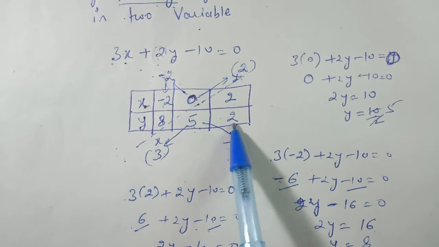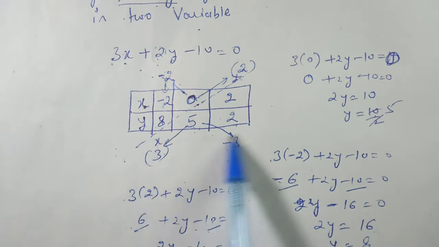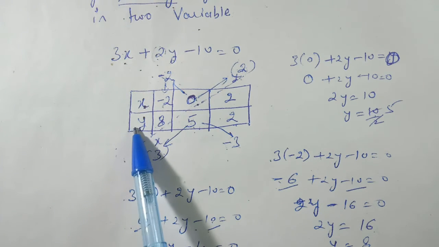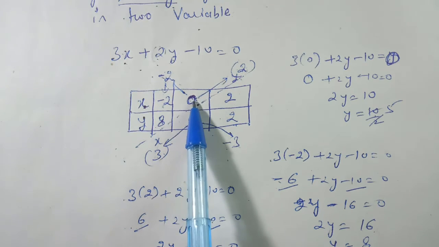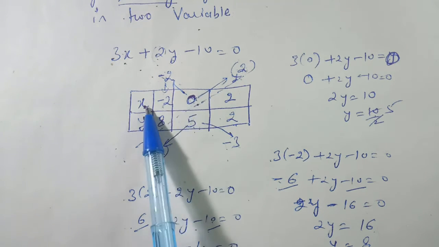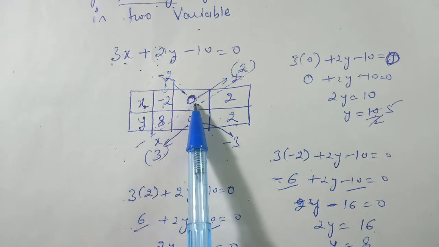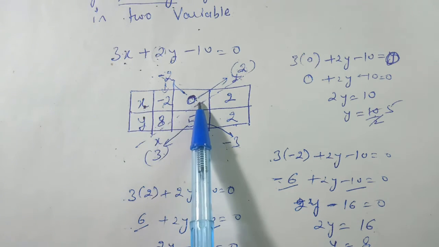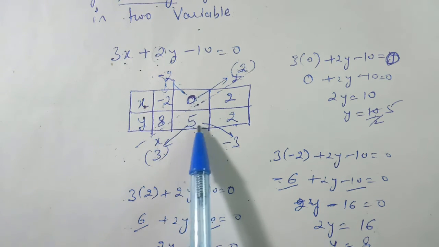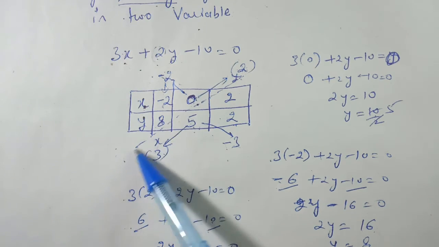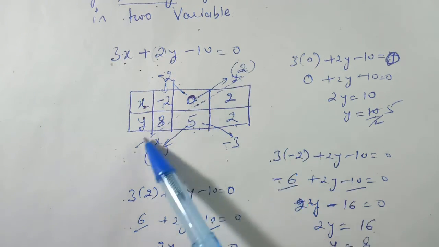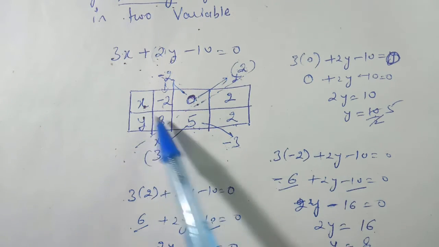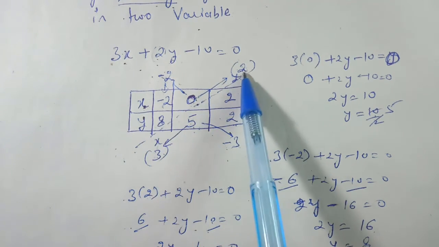So this is correct. So you can use the trick for finding the value of x and y. The main condition that you have to note is that in the middle you have to assume one of the variables as 0. So better to take x equal to 0 and by calculation find the value of y. Then draw a diagonal. On the diagonal you have to write the coefficient of y and x. Here x is written, so above this box we have to write the coefficient of y.